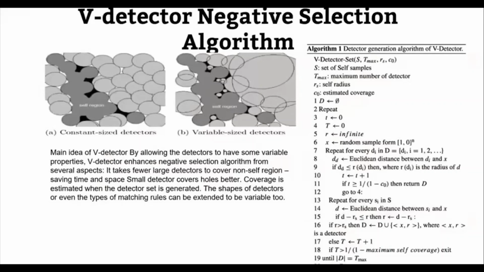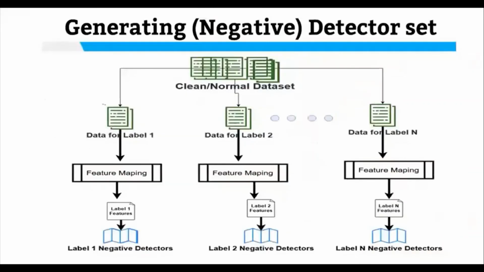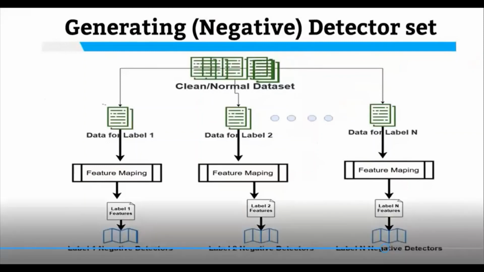So what I did is that I took every class label, like dog, cat, car, and for each class label, I generated a feature mapping and generated the negative detector set for them. So for more classes, I have negative detectors defined for different classes.